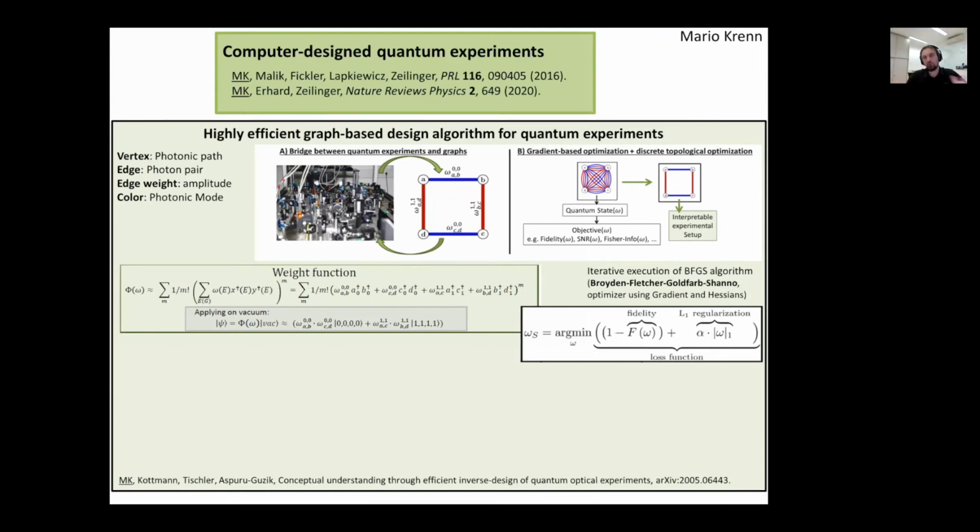Then again, remove the smallest weights, and in this way, in some sense, extract the conceptual core of the solution from this complete graph. And a human can then usually look at the solution and immediately understand the solution and the reasons behind why it works.